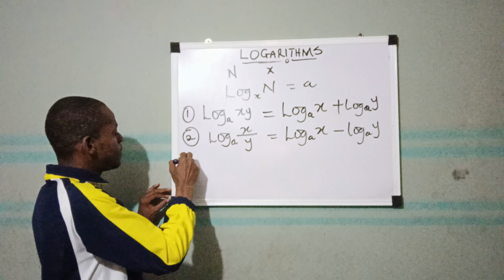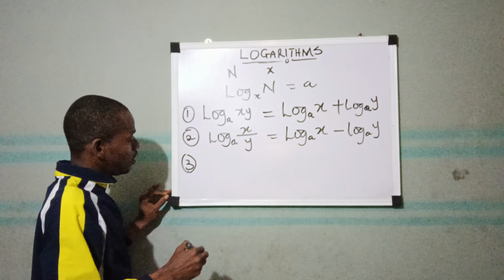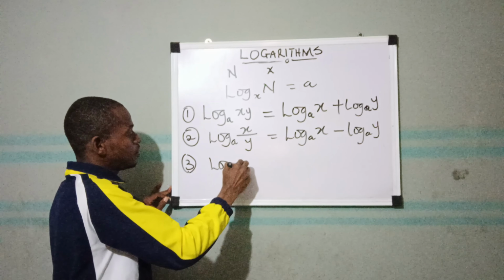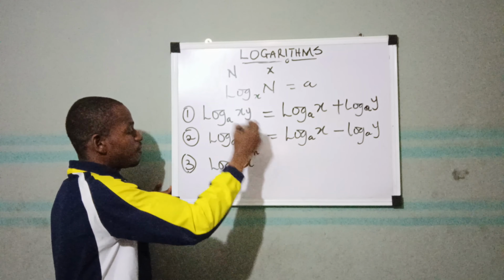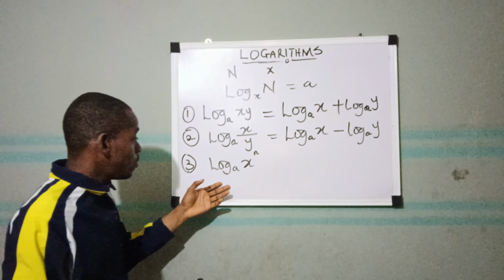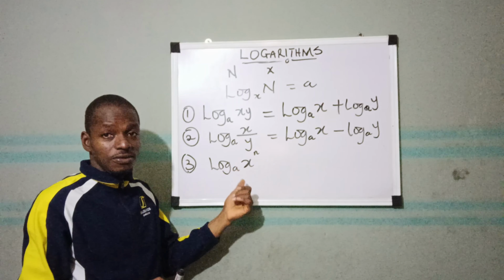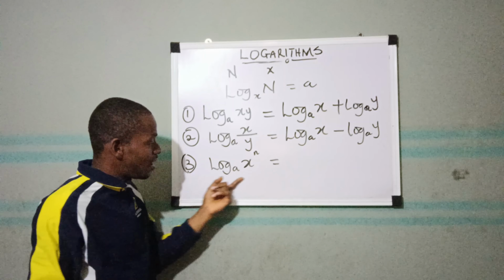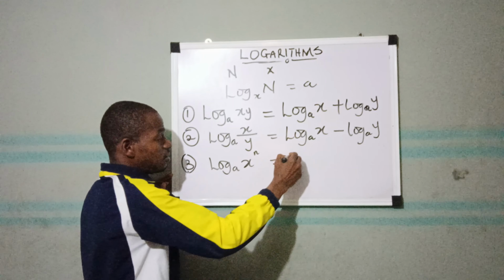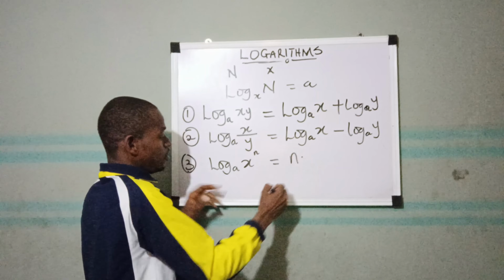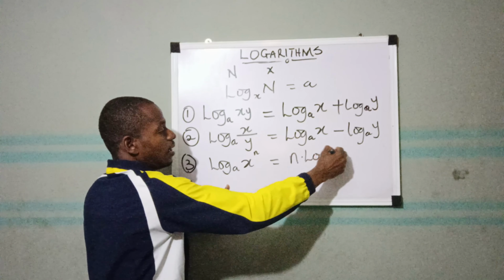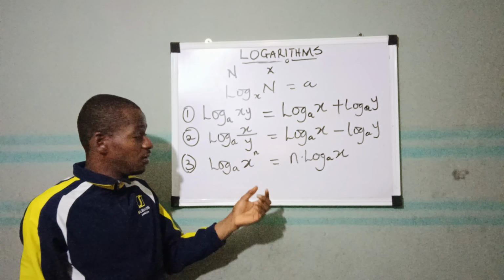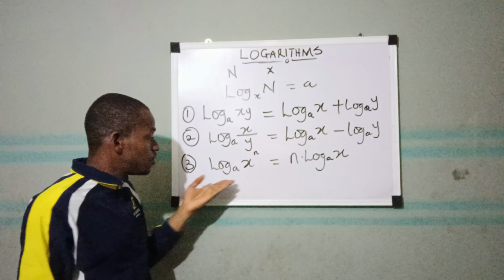The third law: if you have logarithm of x raised to the power of n, base a, it is the same thing as using the power to multiply the log. It's the same thing as saying n times logarithm of x base a. So when you have a scenario like this, use the power to multiply the log.